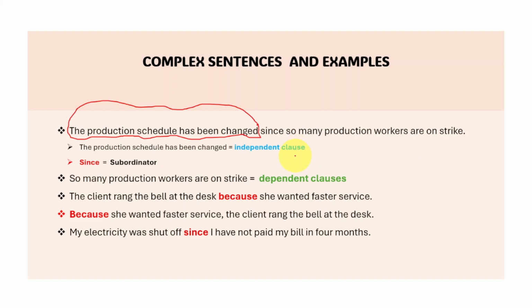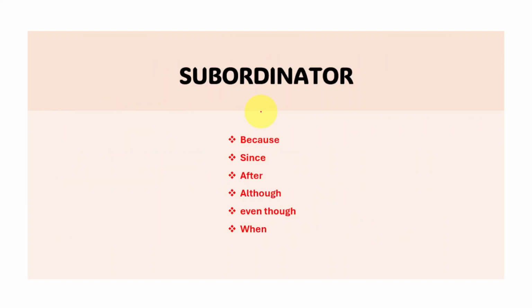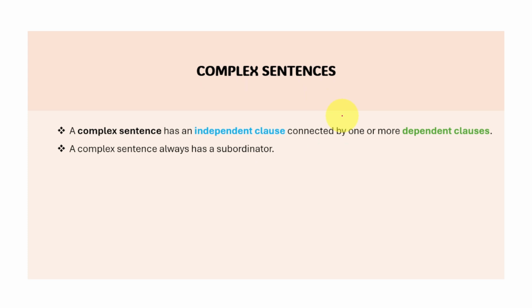We're dealing with the simple sentence. The production schedule has been changed is complete, it's like a simple sentence. Now, we glue it with these things. If you go back, this is the one I'm talking about. Sorry.